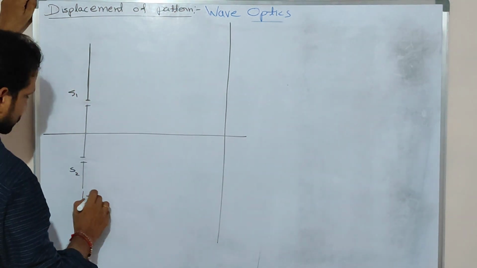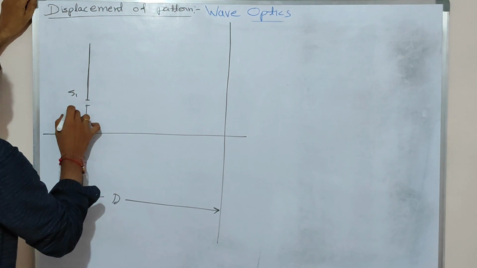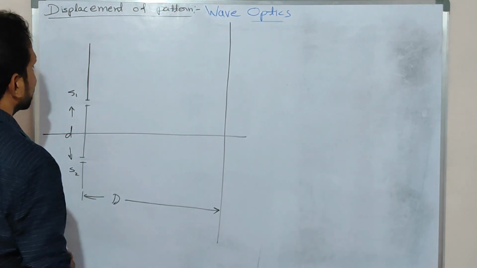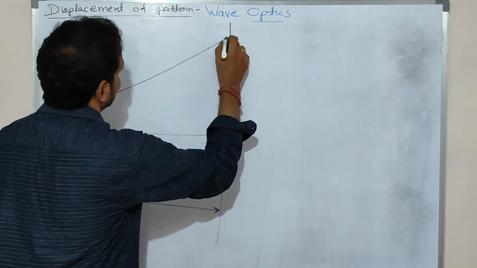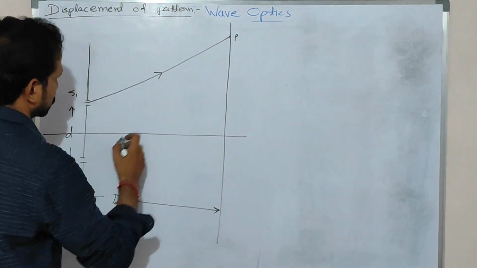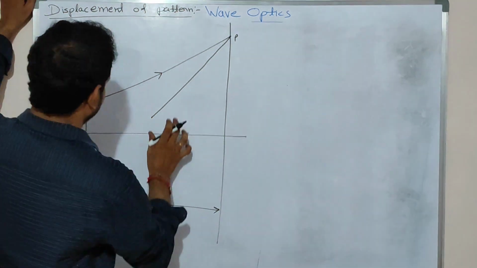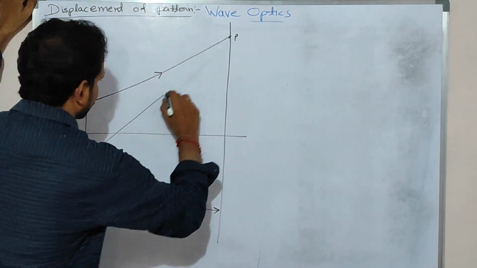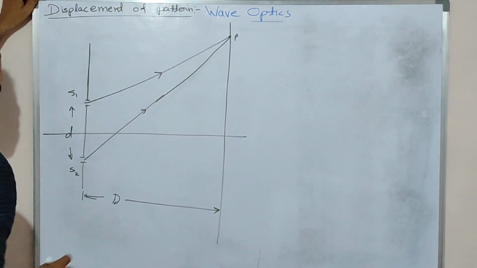The distance between the slits and screen, as usual, is capital D, and the distance between the two slits is small d. Then from S1 to P there is a ray which goes here to P. From S2 to P also one ray will come and join. Approximately it should be a straight line.